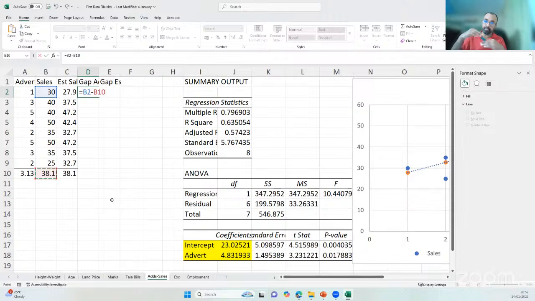Not from the line, because otherwise, if you take it from the line, of course, for the estimated one there is no gap, all gaps will be zero. Here we are talking about from the mean value of y, how far it moves. Okay, this is the mean value.